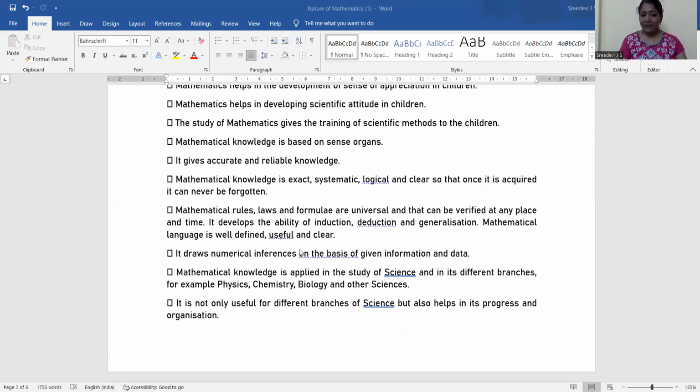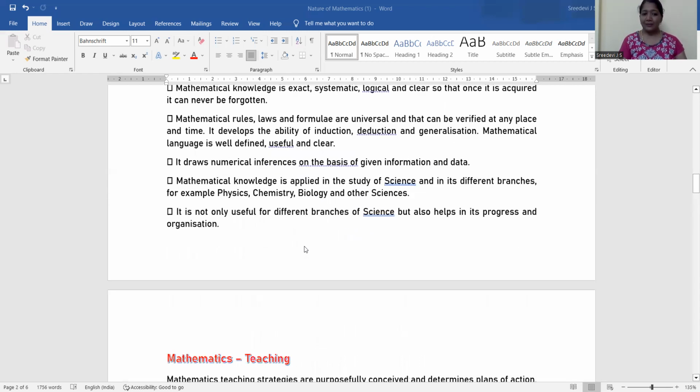Mathematical language is well defined, useful, and clear. And it draws numerical inferences on the basis of given information and data. Mathematical knowledge is applied in the study of science and its different branches. For example, we know that, right? Co-curricular, cross-curricular studies, physics, chemistry, biology, and other sciences. It is not only useful in different branches of science, but also helps in progress and organization.